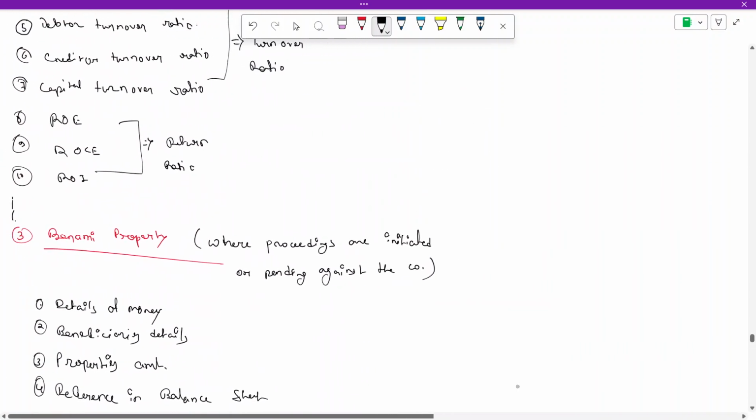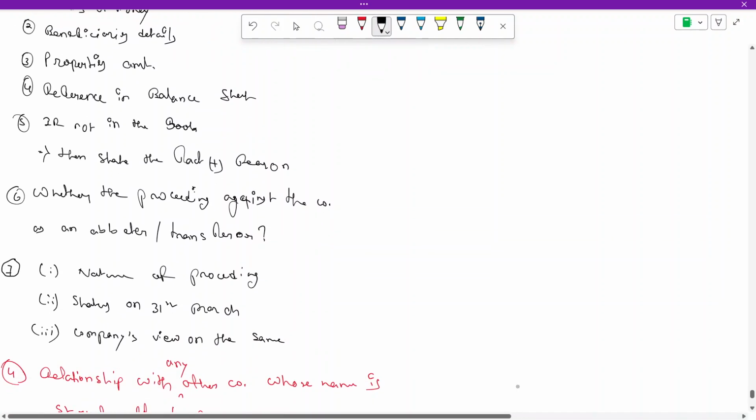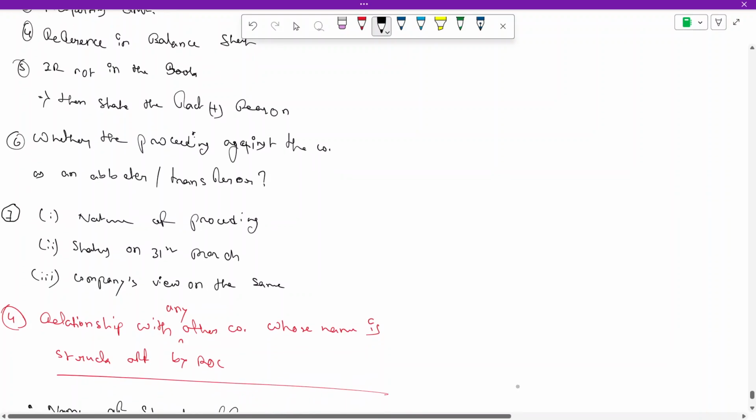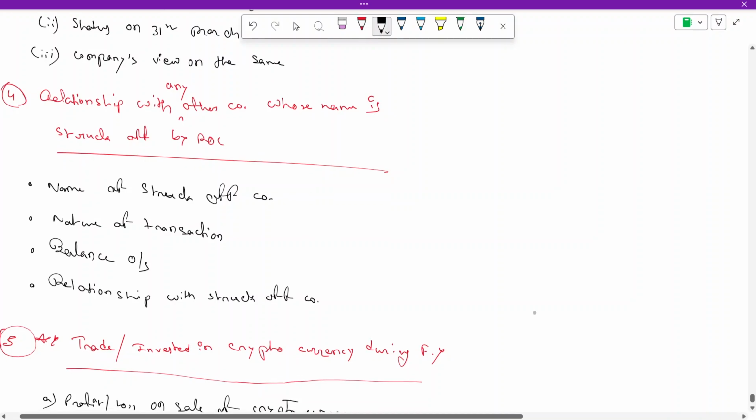So for Benami property, details of money, property details, property amount, difference in balance sheet. If not in the books, then state the facts, the reason, and whether the proceeding is against the company as an abettor and transferor, nature of proceeding, status on 31st March and company's view on the same.